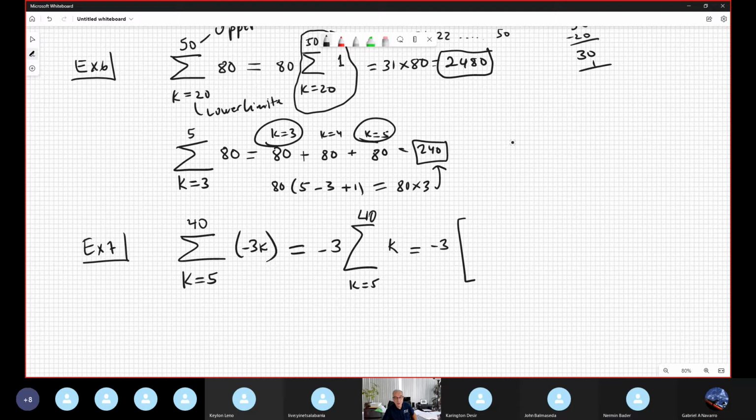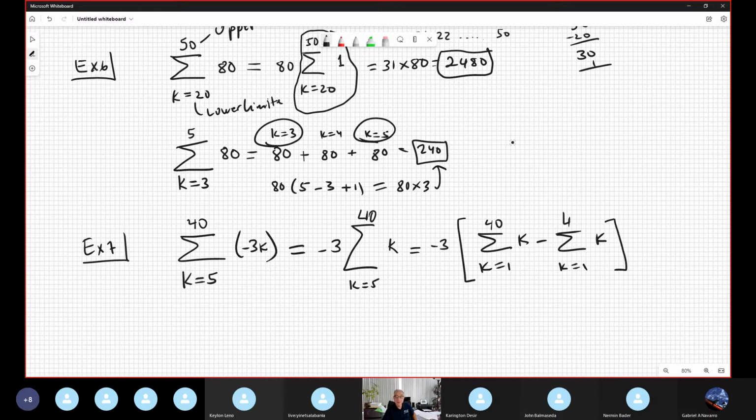And you split that in summation from k equal 1 to 40 minus another summation with the same expression, but since I'm always supposed to apply the formula with k starting at 1, we need k equal 1 to 4, so 1 less than 5.